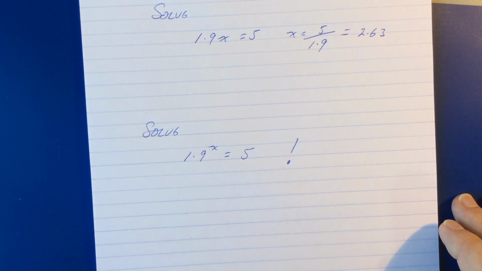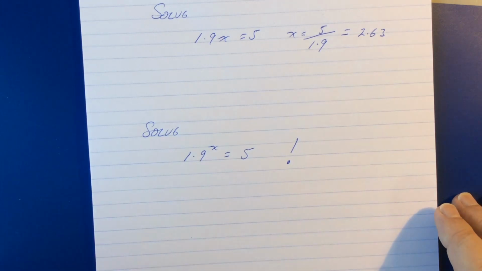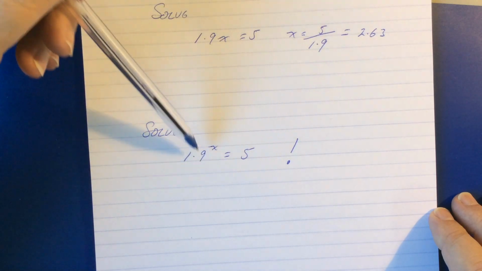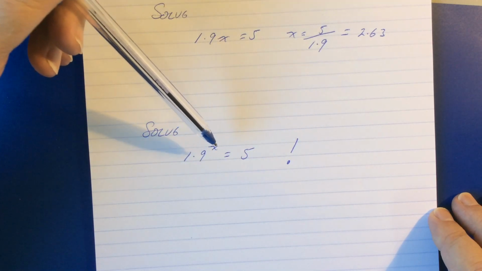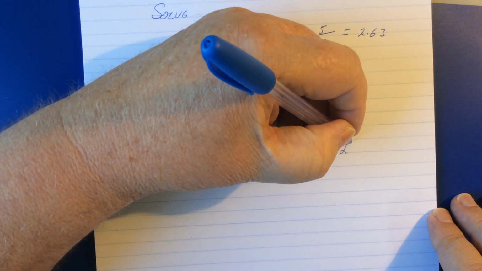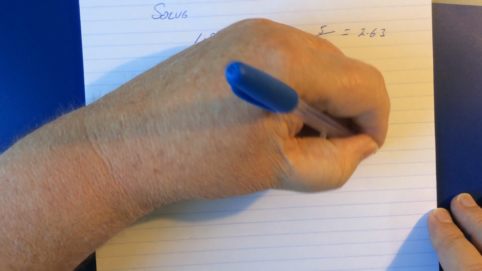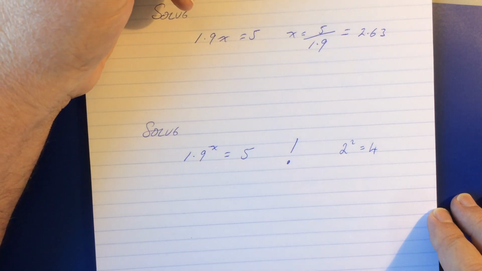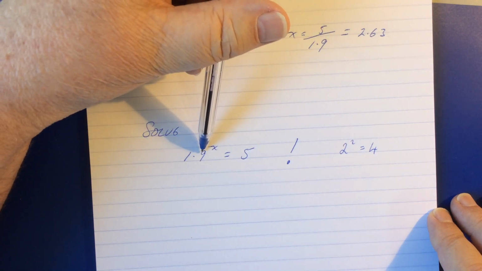But before we do that, it would be a good idea to have an approximate idea of what x is worth. Now, what we know is that 2 to the power of 2 equals 4, and 1.9 is very close to 2.